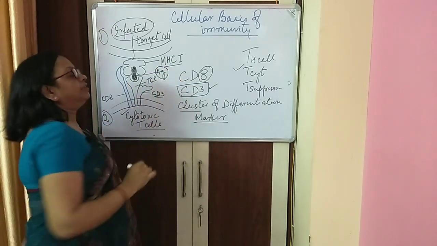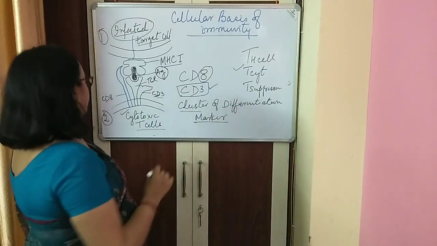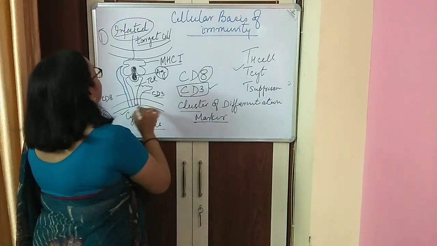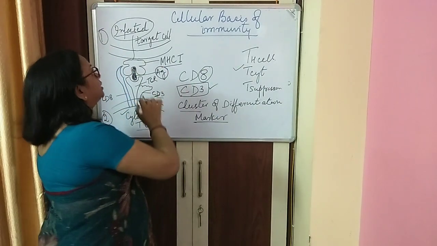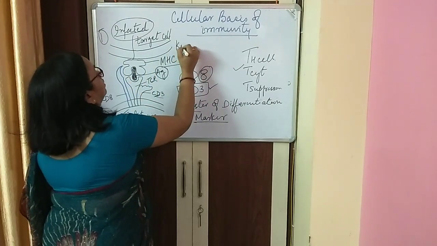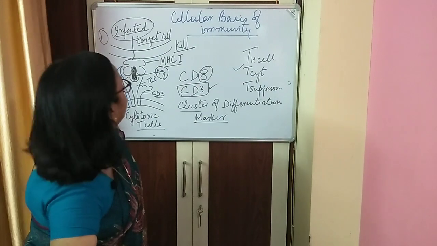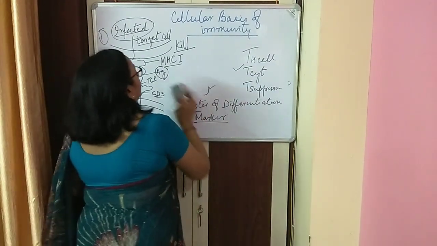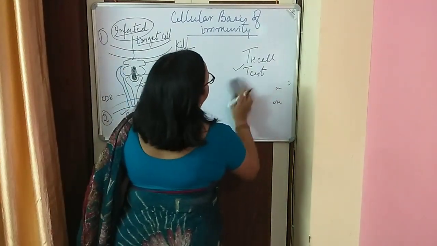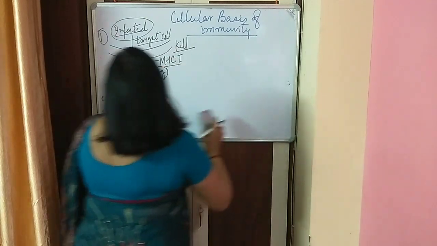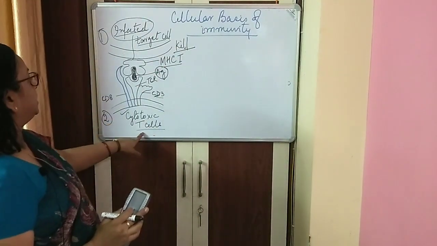This is the antigen coming from the infection. So this cytotoxic cell will release certain factors to kill it, because the infected cell has to be killed. So this is about the cytotoxic T cell.